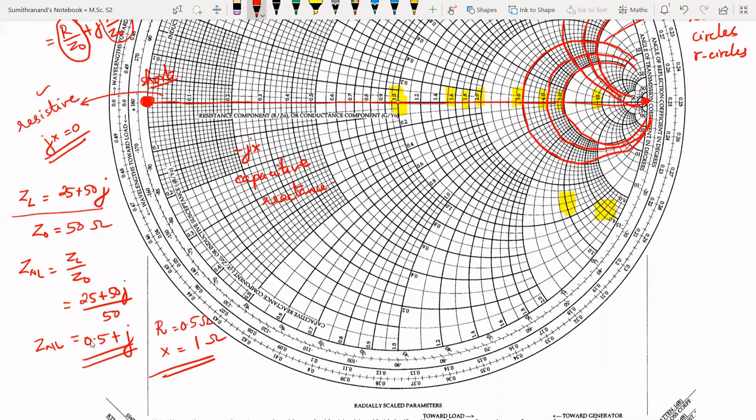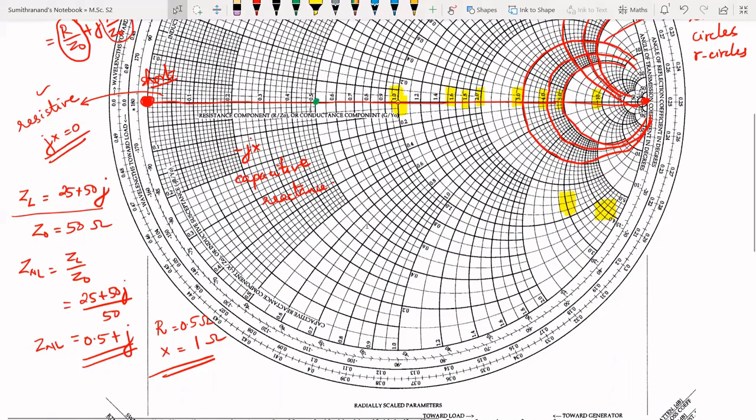So first you have to identify that 0.5 in our resistance axis. So 0.3, 0.4, here it is 0.5. So I have identified that value of 0.5 in our horizontal or resistive axis.